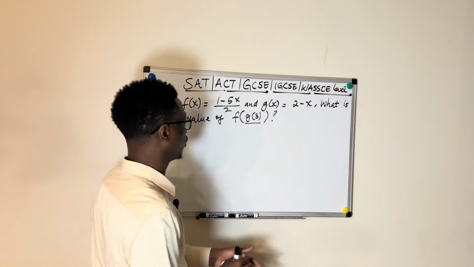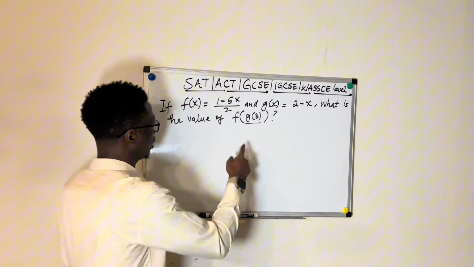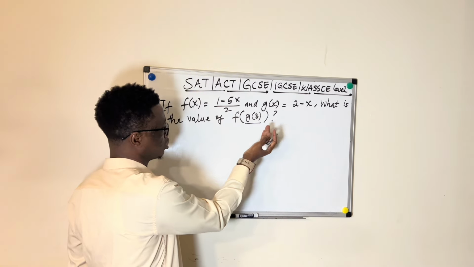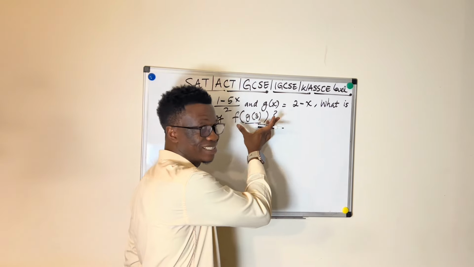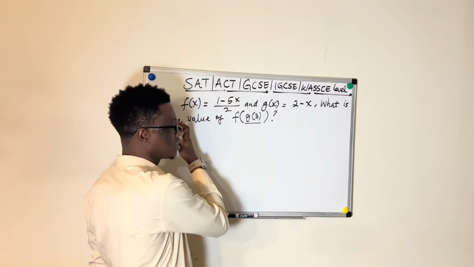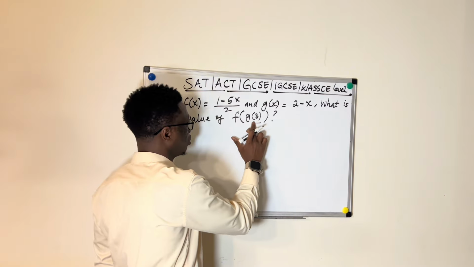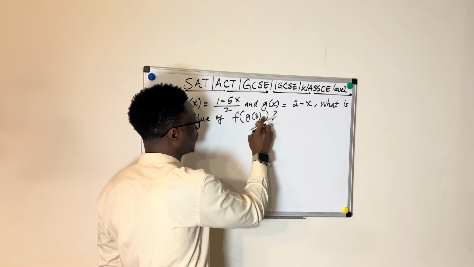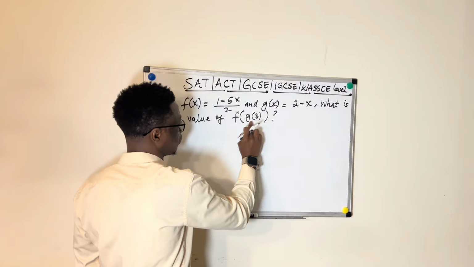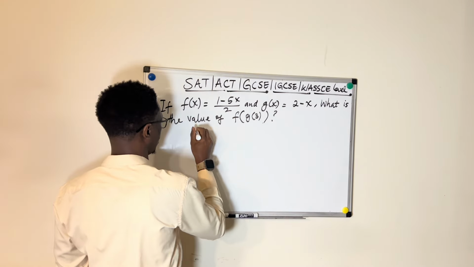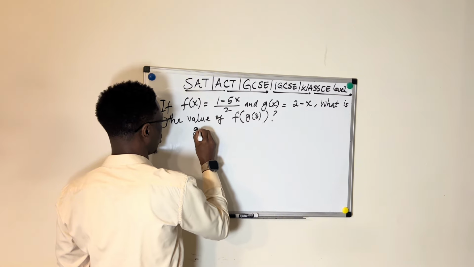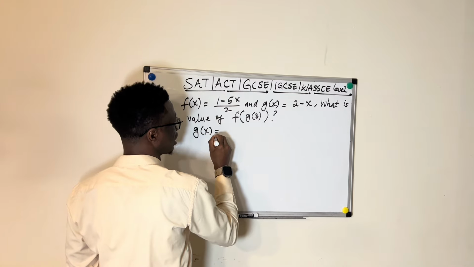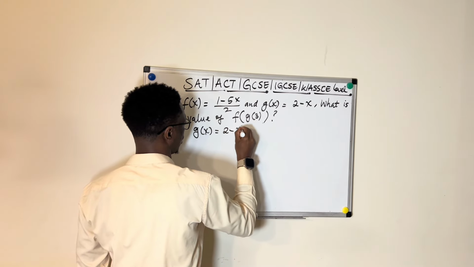So these are composite functions. Let's start with this one. Whenever you have a composite function, you start inside and move towards the outside. So this is f of g of 3. Let's start with the g of 3 here. We know that g of x is given as 2 minus x, right?